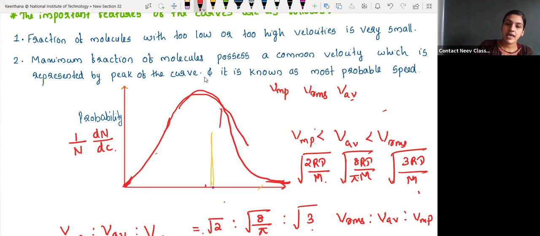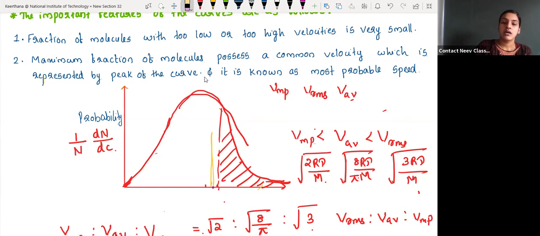So if I'm taking the area after a particular point, this area represents the fraction of molecules having speed greater than this C value. The fraction of molecules, sorry, not velocity, having speed greater than C.